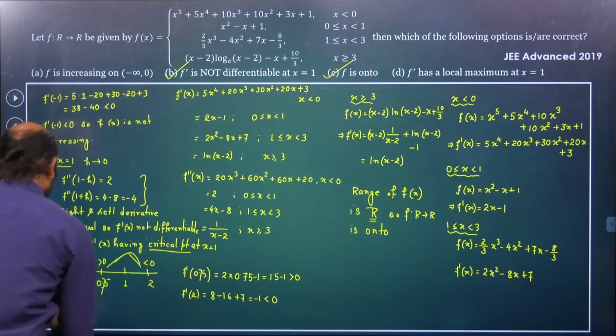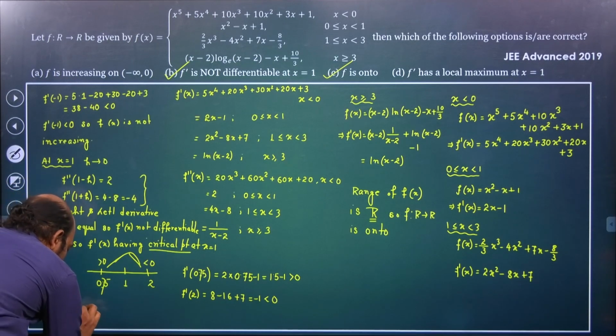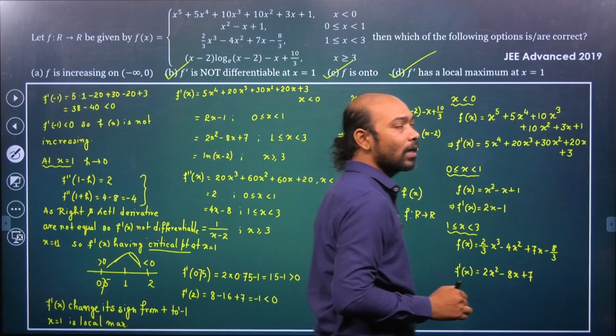So we'll say that as f dash x changes sign from positive to negative, x equal to 1 is a local max. And that's it. So therefore, we will say that option D is the correct option.